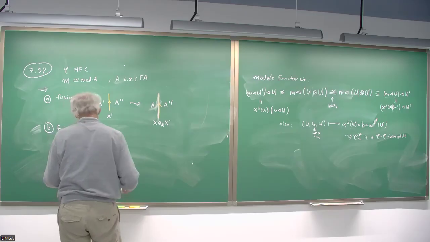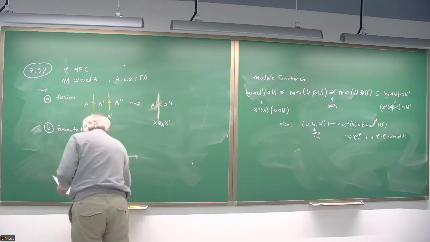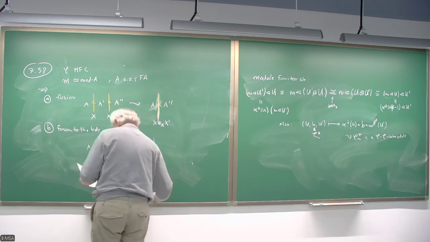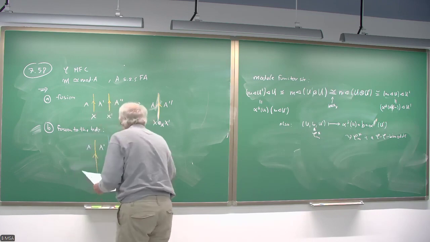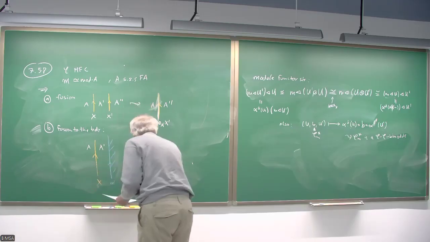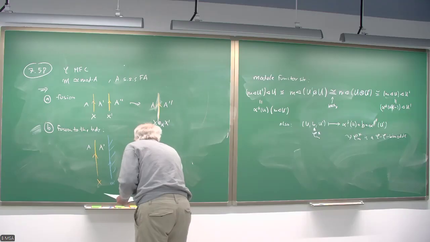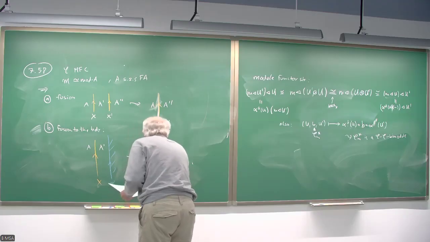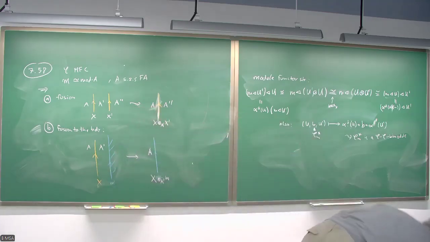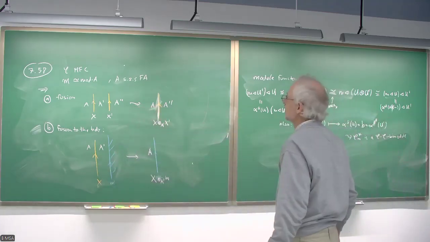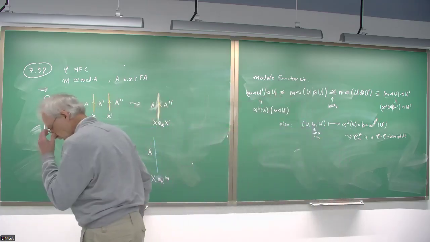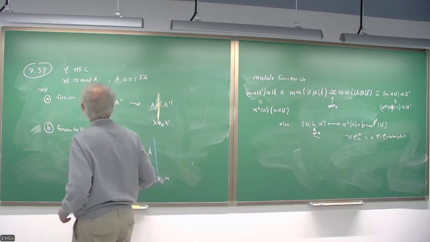An A prime module, then this amounts to looking at the situation where I actually have an A module labeled by the tensor product over A prime of X with N. And now I did it again wrong.